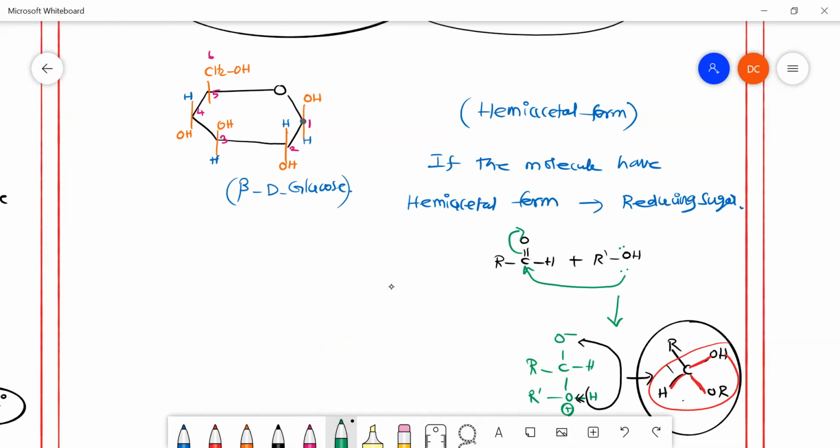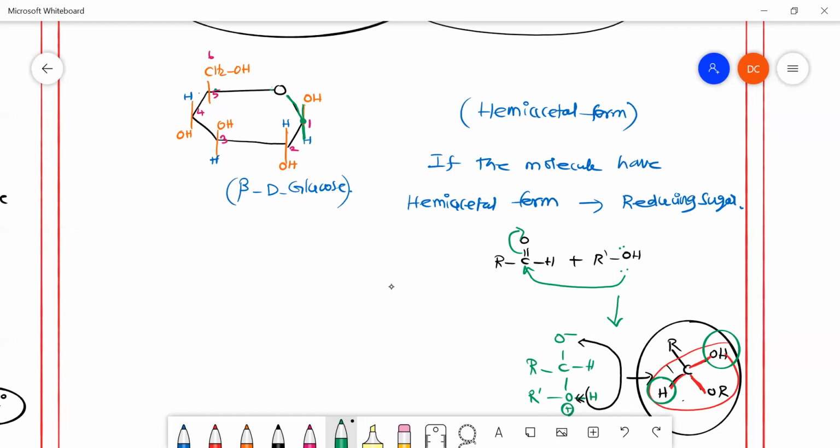Here you consider this carbon attached with the OH group. Yes, it has an OH group. And it is attached with hydrogen. Yes, it has a hydrogen. And here it is attached with the O, and that will be attached with the carbon. This is called R. So the entire group is called OR. Is that clear? The oxygen which is attached with the carbon, that carbon will be considered as the R group. Okay.